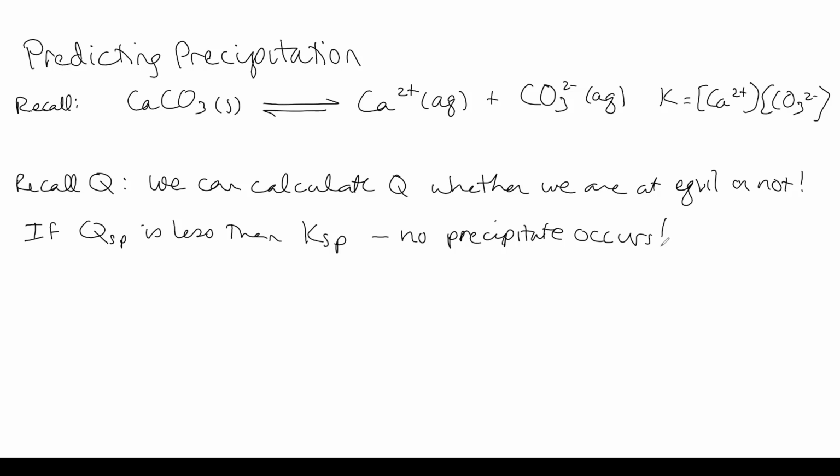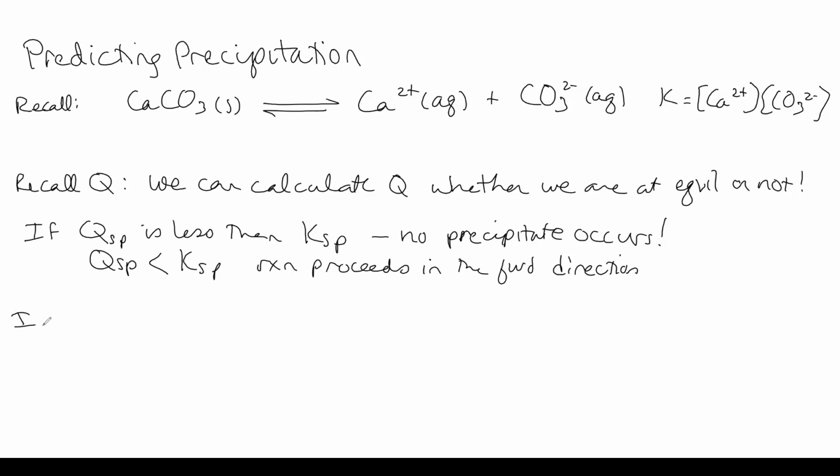Okay, so just written a slightly different way, QSP less than KSP, reaction proceeds in the forward direction. So in that case, no precipitate, basically we're dissolving. That's the bottom line. We're going in the forward direction and we're dissolving.